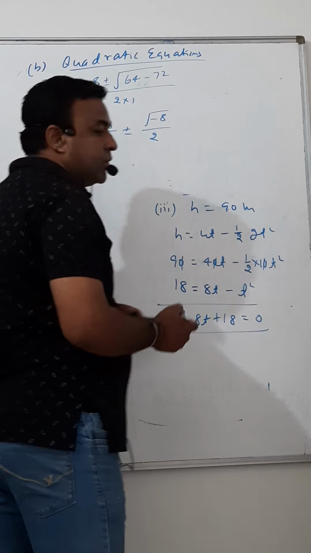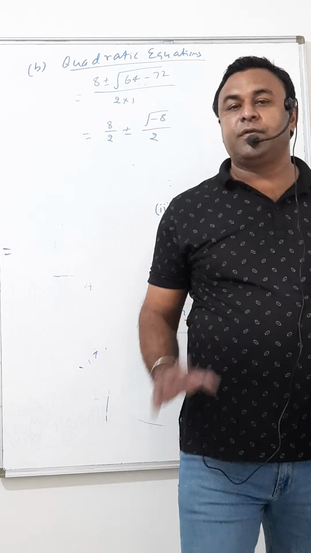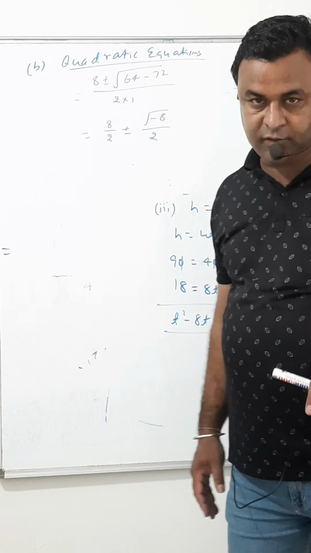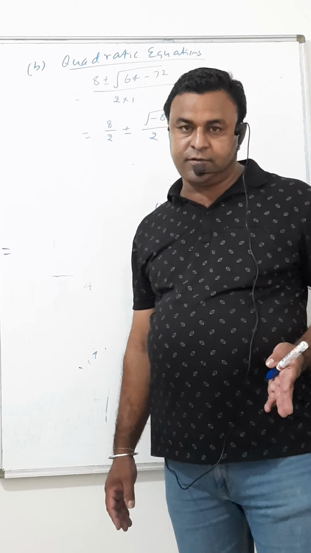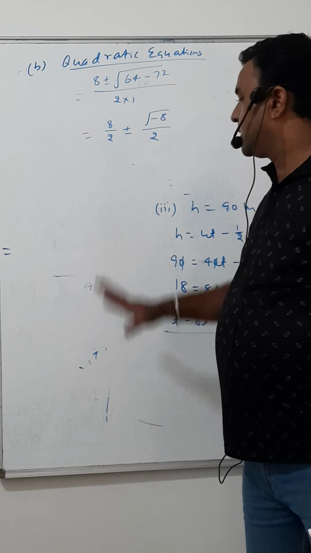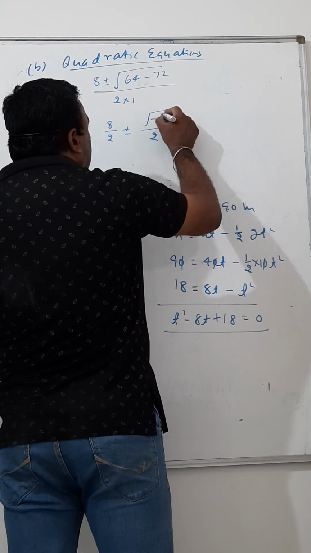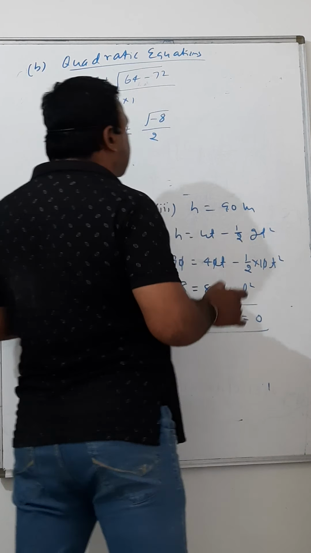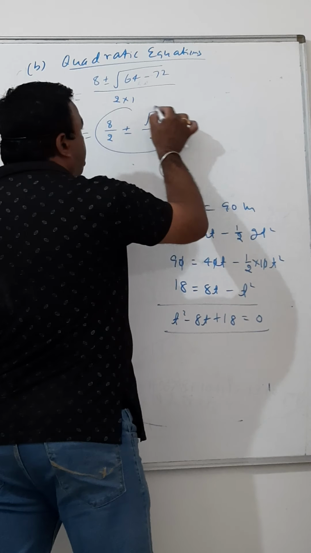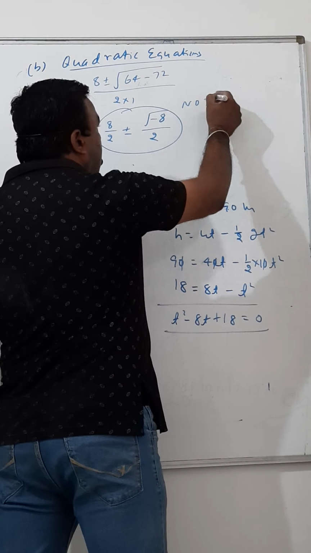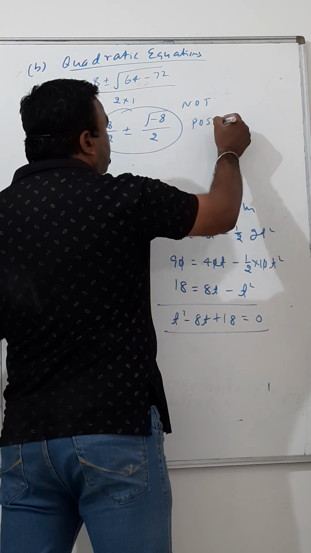And I hope you know that the root of a negative number is not possible. Of course, it is not a real value. It can't have the root of a negative number. That means this particular value we will say is not possible.